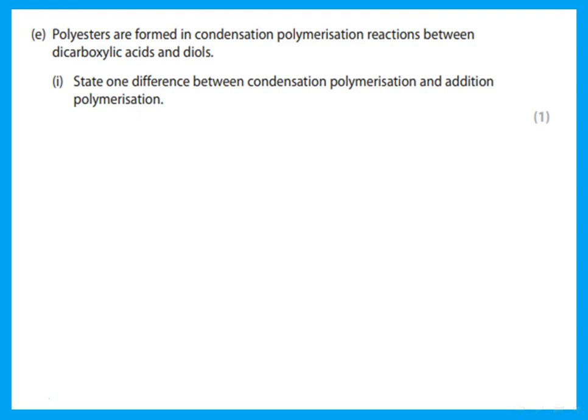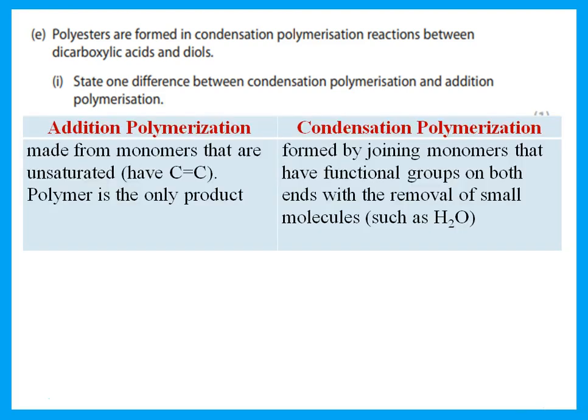Polyesters are formed in condensation polymerization reactions between dicarboxylic acids and diols. State one difference between condensation polymerization and addition polymerization. Okay, let us review this just a little bit. What did we mean by addition polymerization and what did we mean by condensation polymerization?